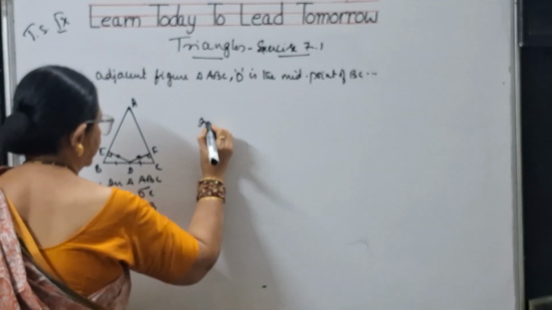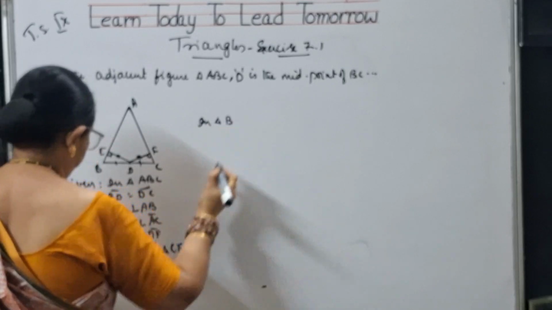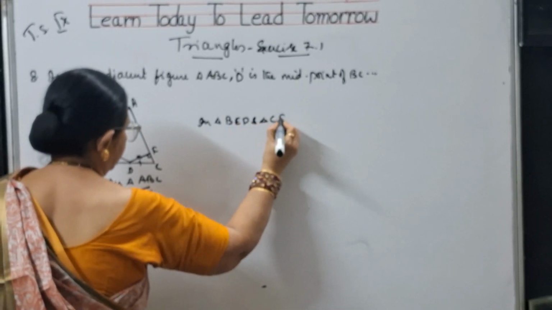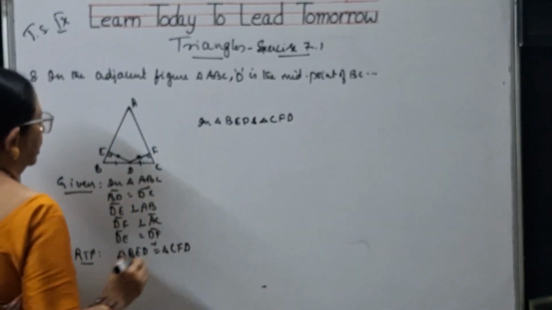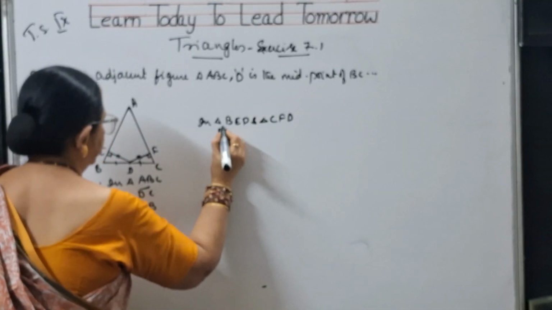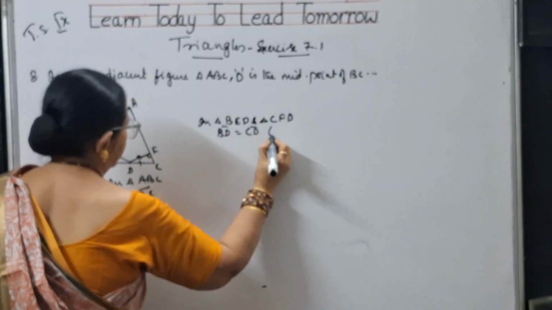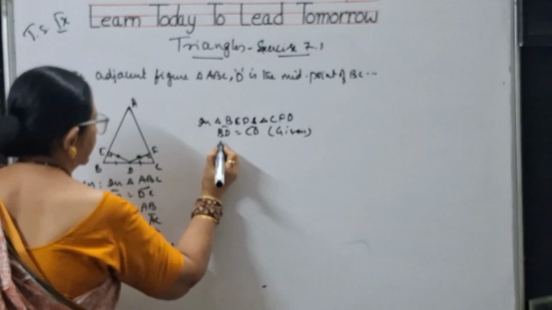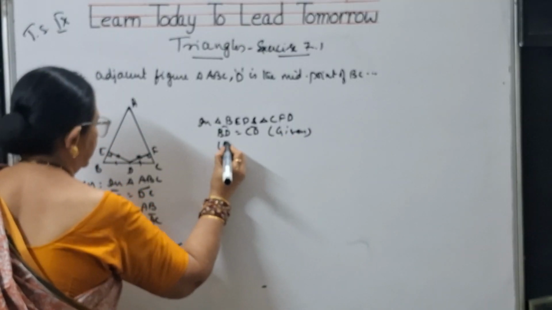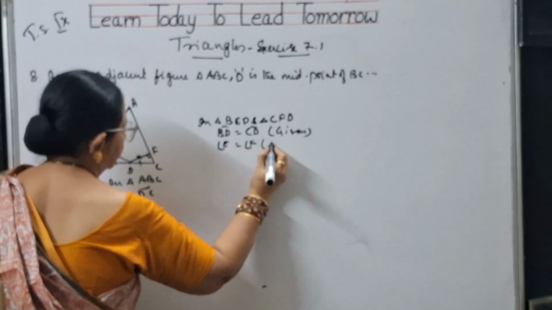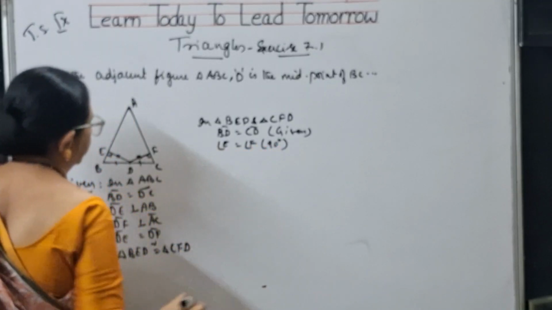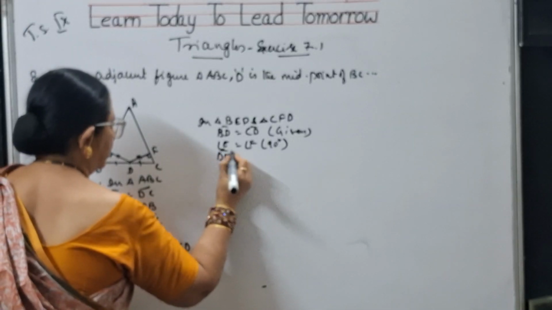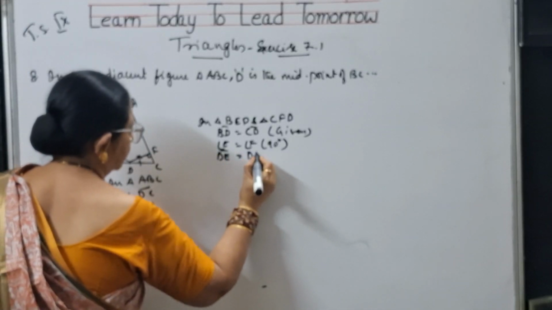So in triangle BED and triangle CFD, in these two triangles, BD is equal to CD. This is given to us. Angle E is equal to angle F, 90 degrees, because they are perpendicular, and DE is equal to DF.